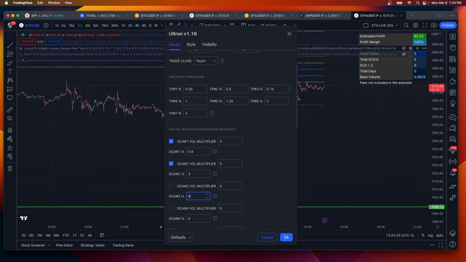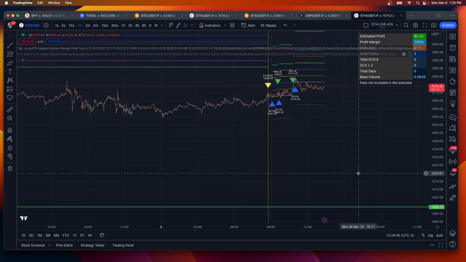I know my entry is 1576 times 6% is $94. So roughly 1576 minus $94 would be 1582. Oh wait, I put 16 there. Okay, let's do that again. 1576 times 6% is $94. 1576 minus $94 is 1482.